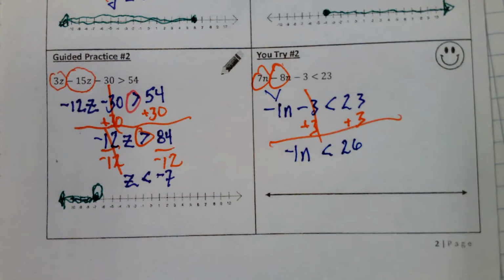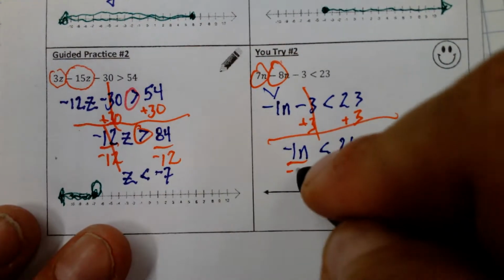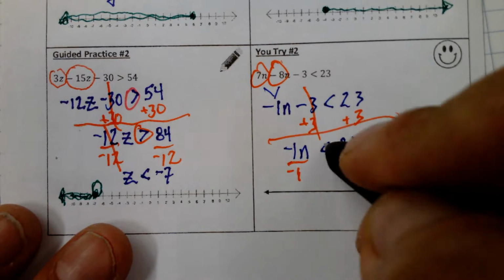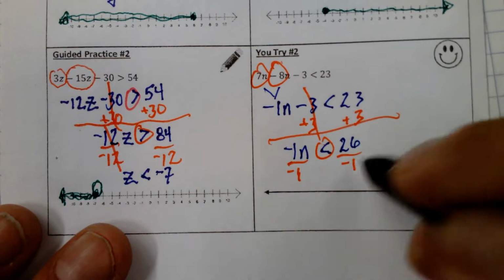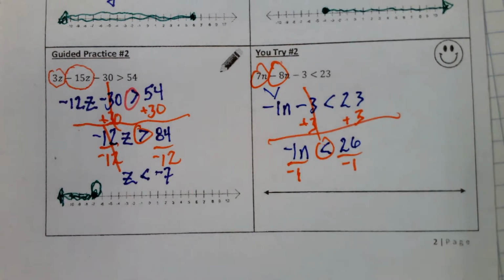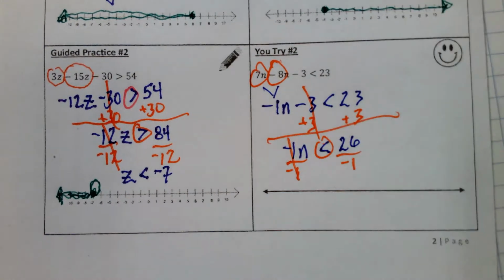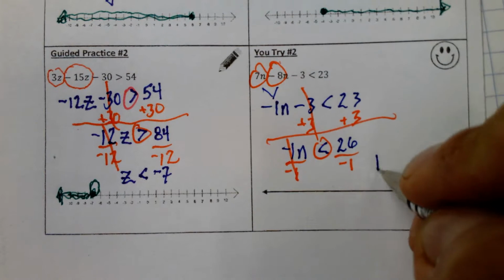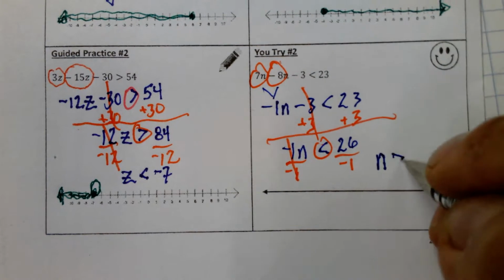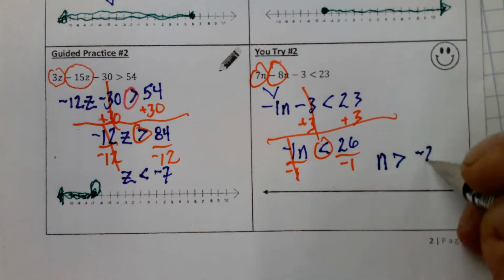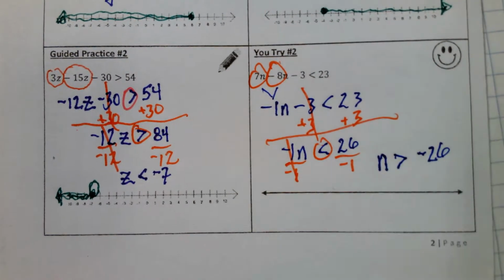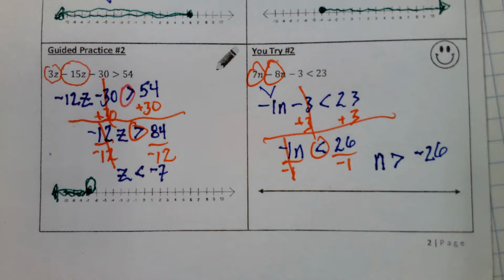And here's the step. I have to divide by negative 1, right? So this will cancel, of course. I get n, but now it's greater than negative 26, because I divided by a negative.